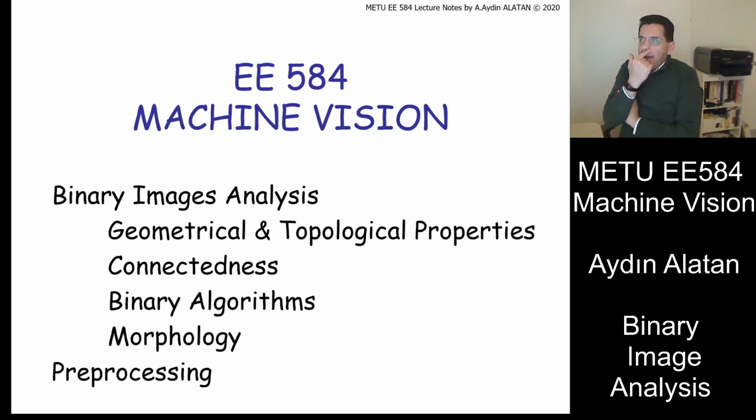And I'm going to explain a few binary algorithms for representing a silhouette in a more efficient way. And finally, I'm going to talk about a pre-processing stage where gray level images are used, but from the perspective of early vision. This binary silhouette analysis and the pre-processing I just explained are in the same chapter.